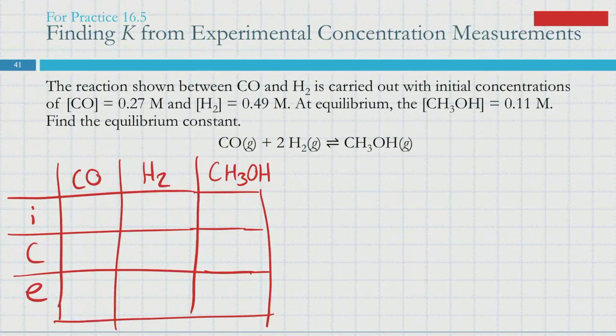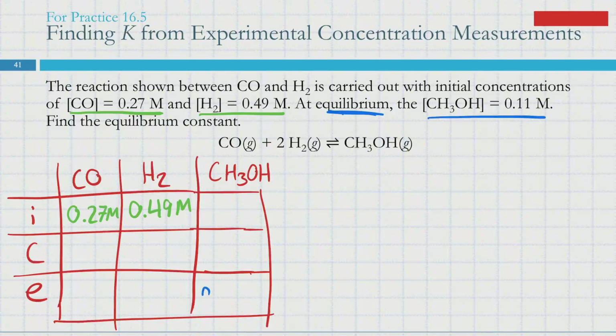All right, so information that we're given. We've got initial concentrations of CO at 0.27 molar. For H2, it's 0.49 molar. At equilibrium, methanol concentration is 0.11 molar.